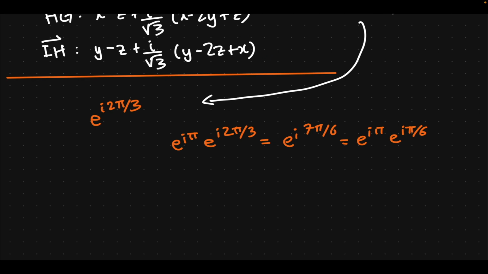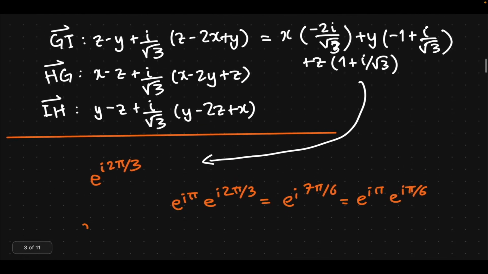So what that does to this x is the factor on the x will actually become 1 plus i over root 3. I'm just doing the calculation quickly.